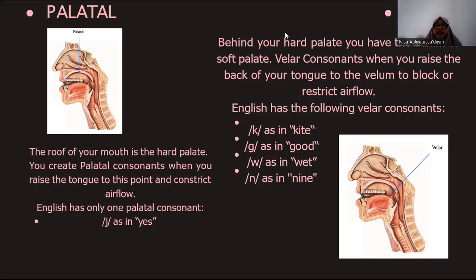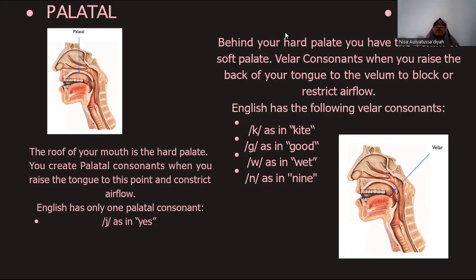And then there is velar. Behind your hard palate, you have the velum or soft palate. So velar consonants are made when you raise the back of your tongue to the velum to block or restrict airflow.